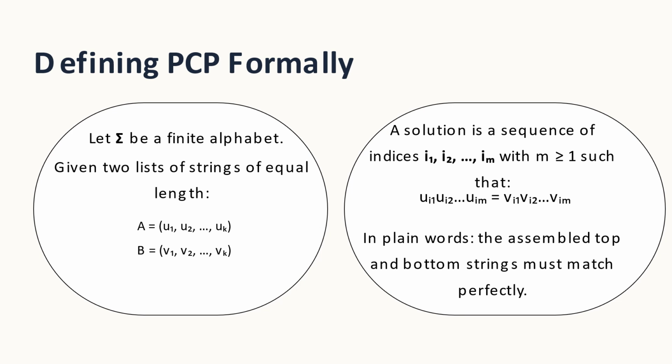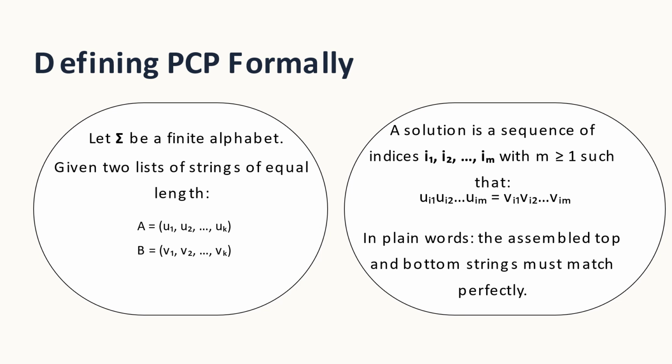Now, let us look at the formal definition. Suppose sigma is a finite alphabet. We are given two lists of strings of equal length called A and B. The first list is A equals U1, U2 up to UK, and the second list is B equals V1, V2 up to VK.